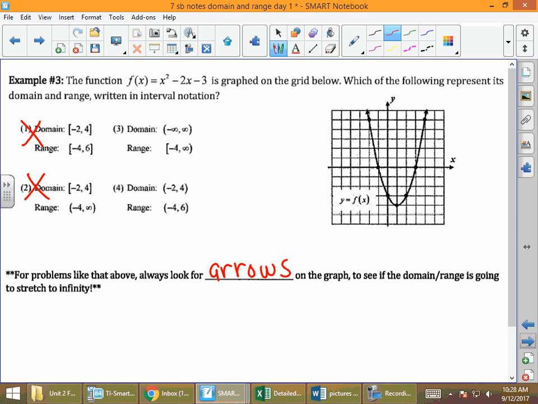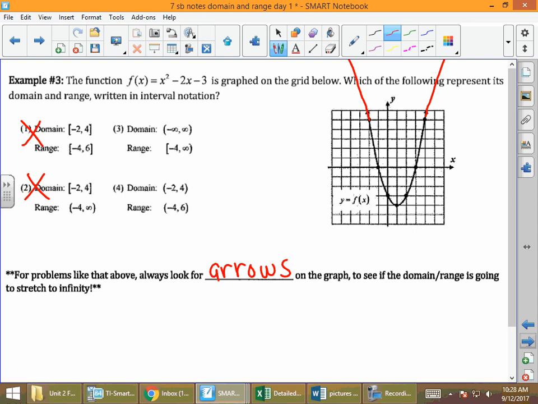Now on part 3 here, it says that we're going to go from -infinity to +infinity. As I draw on this graph, the thing to notice is that when we continue, because we have arrows, so we just have a piece of the graph drawn, our graph continues to go outward. And because it continues to go outward, that means that our domain is going from -infinity to +infinity. It's not just stopping with what we have in the picture. It's going to keep going.